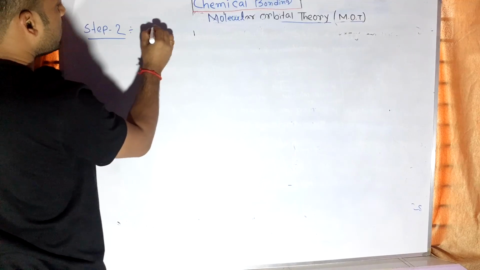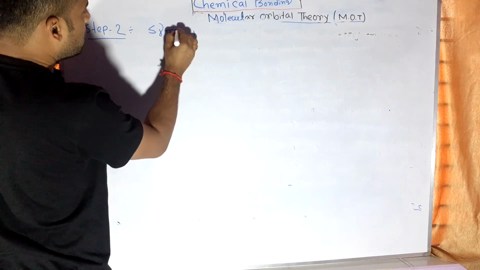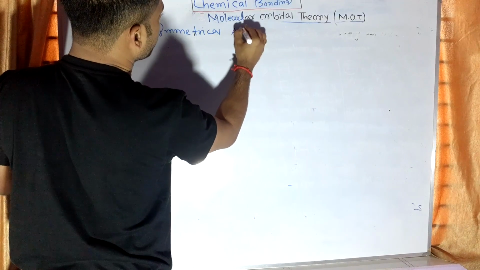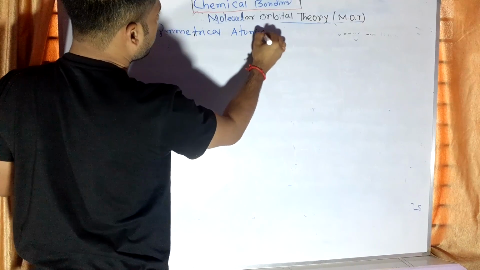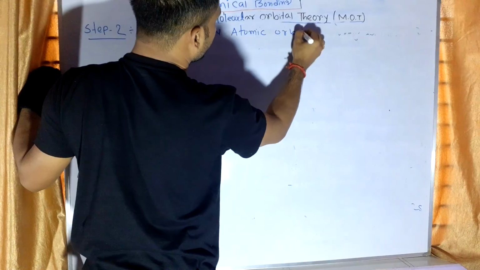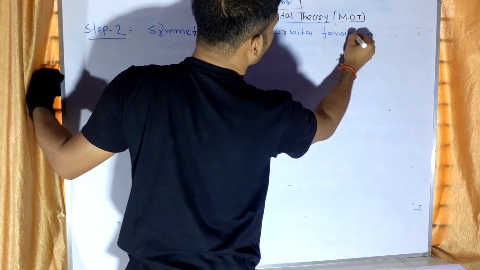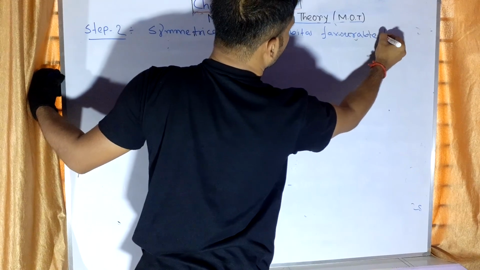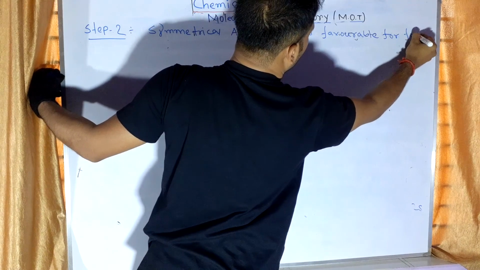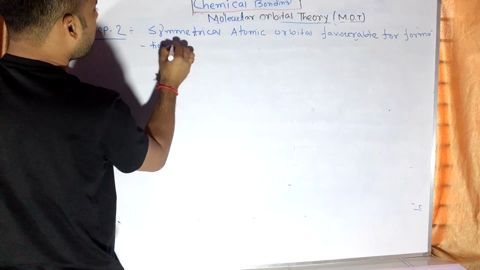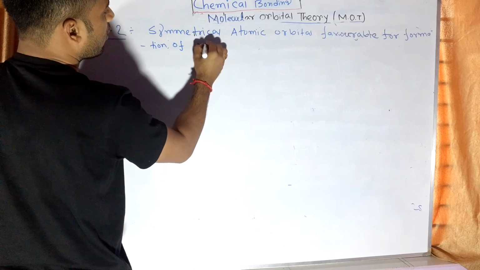Step 2 is symmetrical atomic orbitals, which are favorable for formation of molecular orbital, MO.